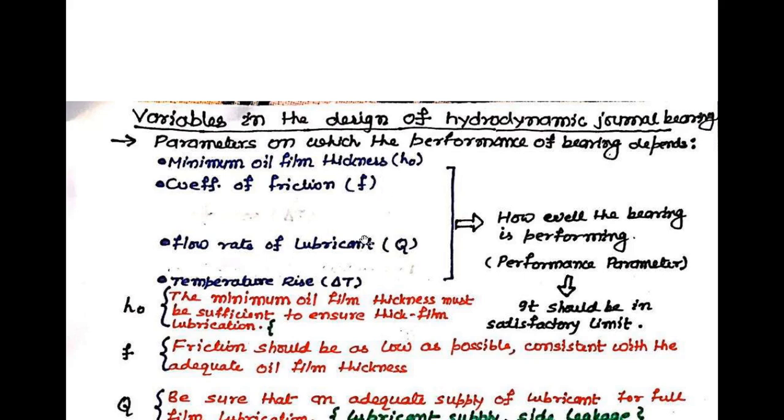These four parameters should be in satisfactory limit. This H0, means minimum oil film thickness, must be sufficient to ensure thick film lubrication. The coefficient of friction F should be as low as possible, consistent with the adequate oil film thickness.